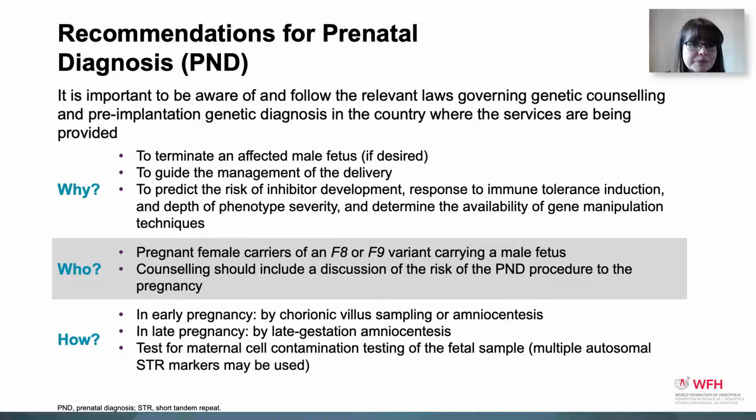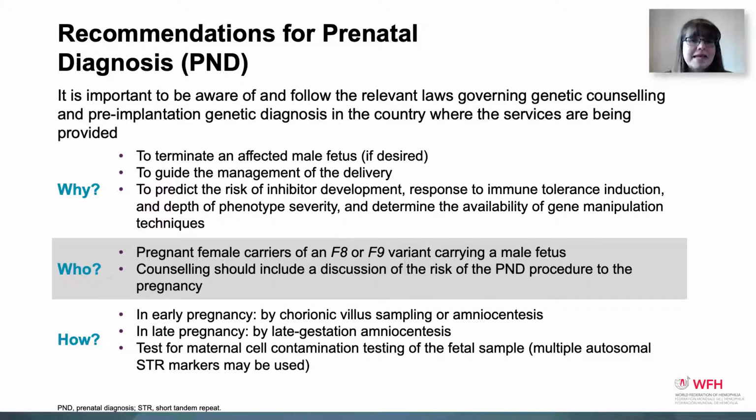So to do prenatal diagnosis, we need to know the underlying variant associated with factor VIII or factor IX in the pregnant female carrier for the disorder. In females where we don't know the underlying variant, we wouldn't offer prenatal diagnosis. Counselling of these individuals should include a discussion of the risk of the PND procedure to the pregnancy. For example, it could induce early miscarriage, or it could induce early labour.